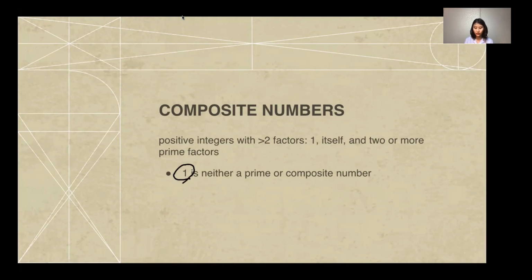And 1 is actually neither a prime nor a composite number, because if we try to factorize 1, all we get is basically 1 and itself, which is again 1. We can't really categorize this into either category, so 1 is neither of those.